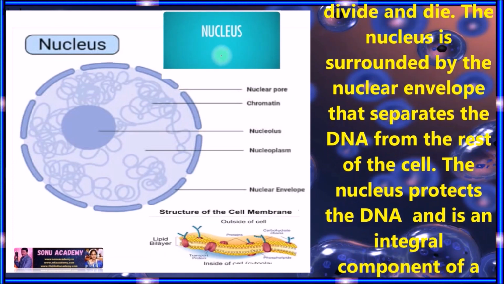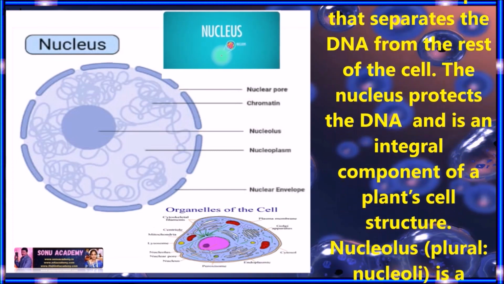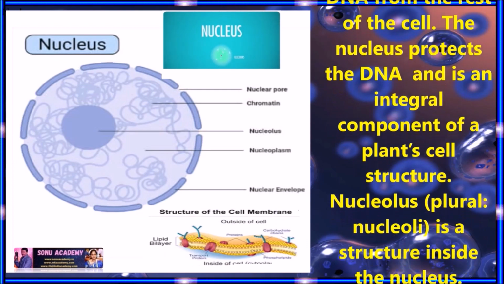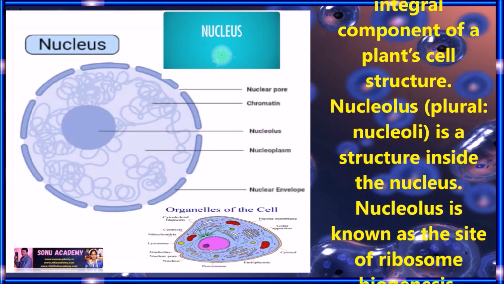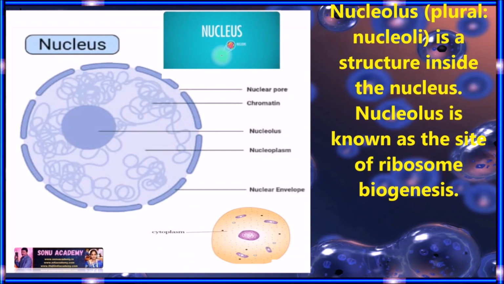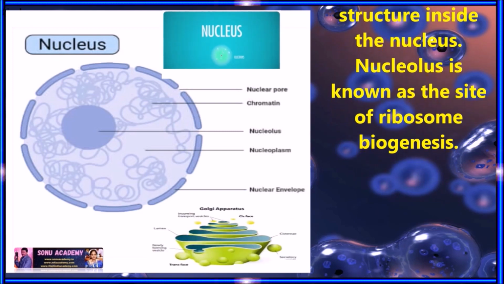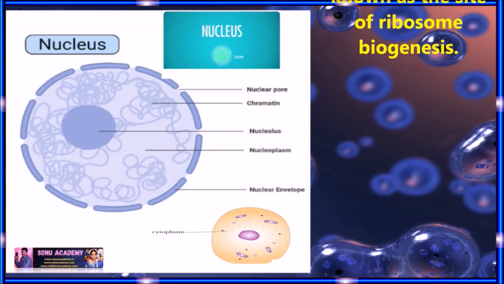The nucleus is surrounded by the nuclear envelope that separates the DNA from the rest of the cell. The nucleus protects the DNA and it is an integral component of a plant cell structure. Nucleolus is a structure inside the nucleus, and the nucleolus is also known as the site of ribosome biogenesis.